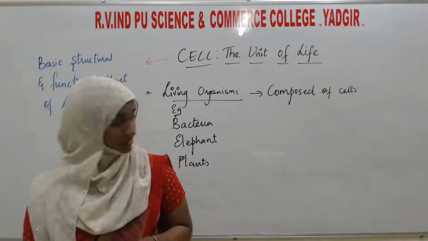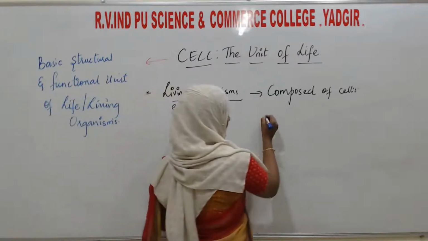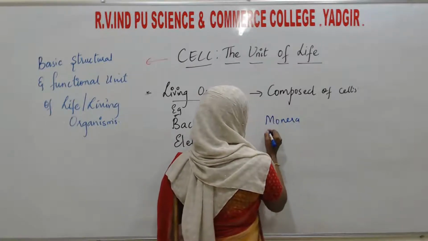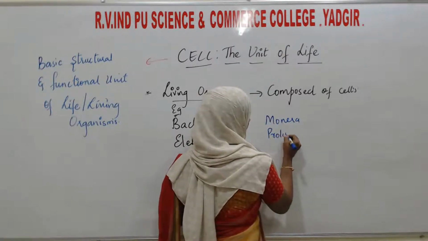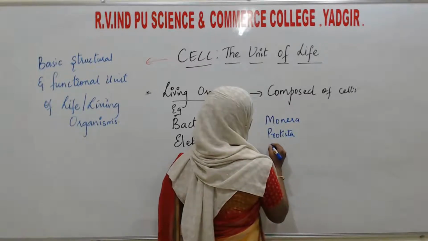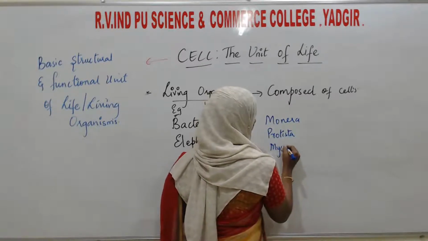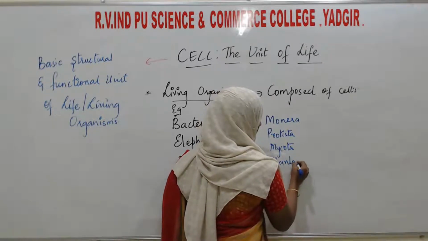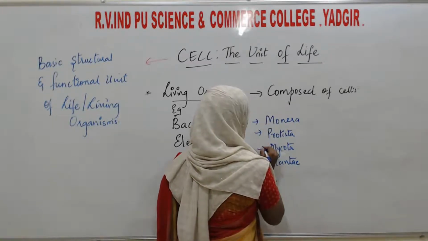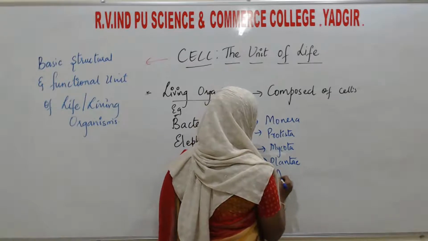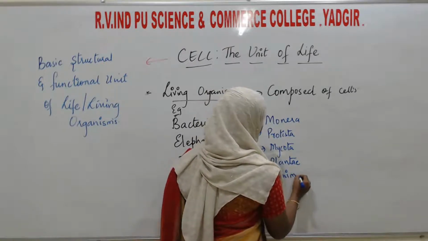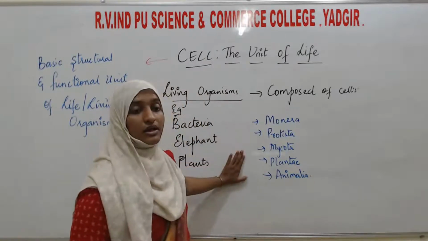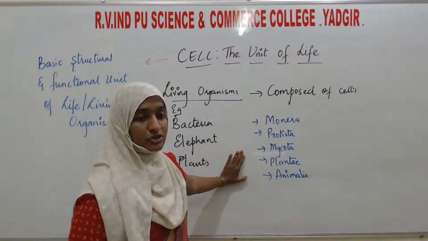Kingdom Monera, kingdom Protista, Mycota, Plantae, and one more, that is Animalia. These are the 5 kingdom classification of living organisms.